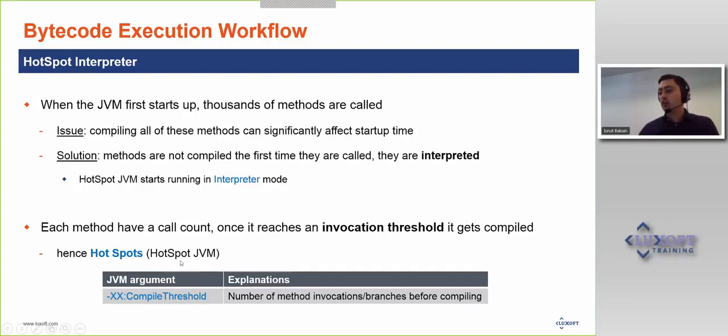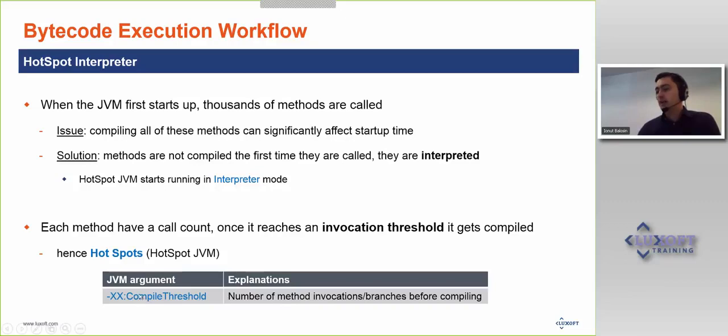That's why the JVM has the name hotspot: hotspots are methods that are intensively used inside the JVM during the runtime. And the just-in-time compiler is focused only on those methods.